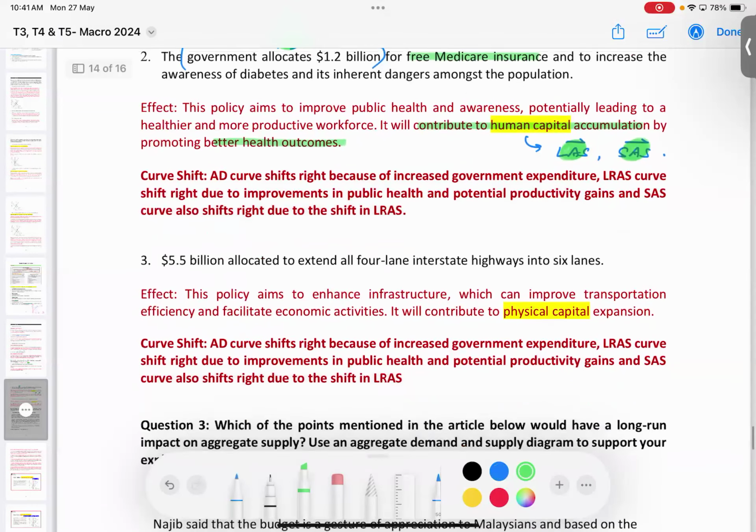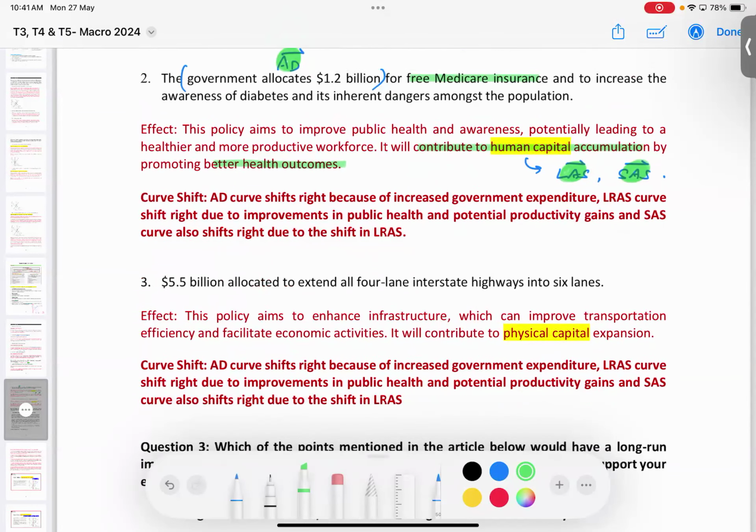Okay, next question. 5.5 billion allocated to extend all 4 interstate highways into 6 lanes. So this is about extension of the infrastructure. All this we call infrastructure. Improvement in infrastructure falls under which category?